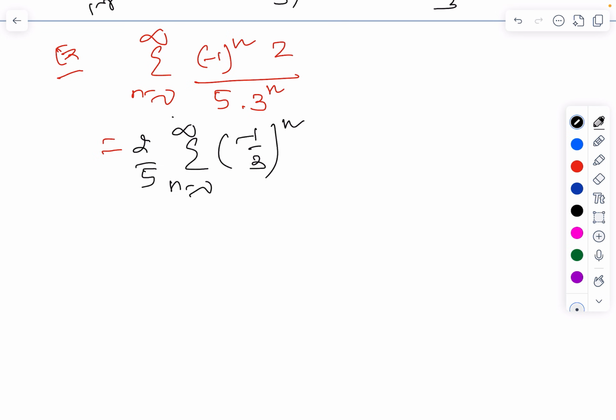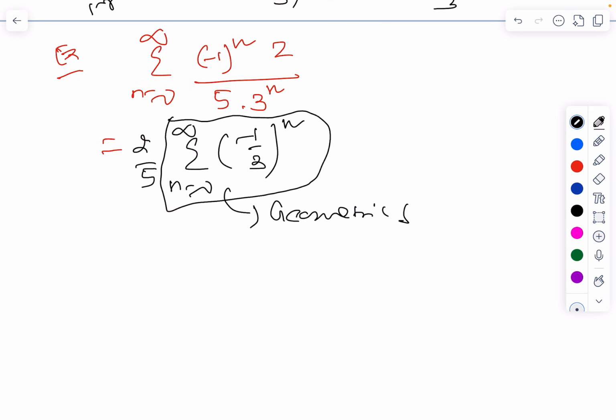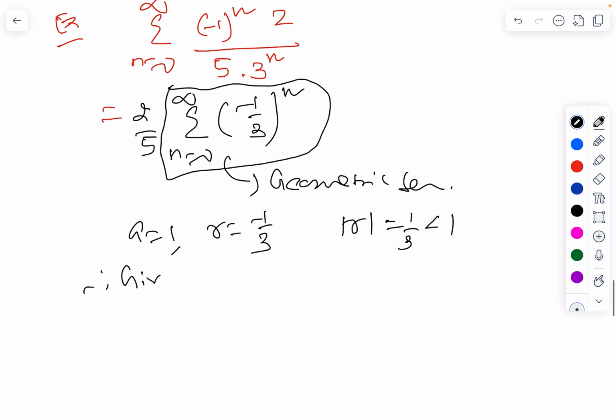And now we can see that this is a geometric series. And what is a? 1. And what is r? Minus 1 by 3. And modulus r is equal to 1 by 3, which is less than 1. So therefore, given series is convergent. And the sum is a upon 1 minus r.